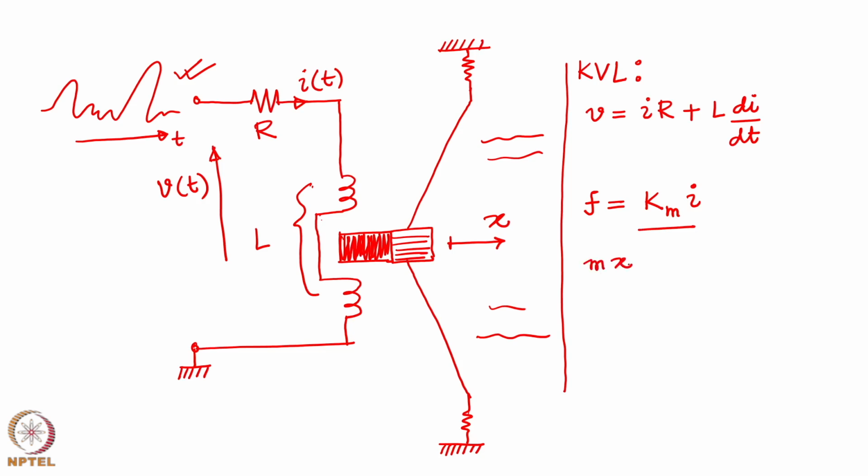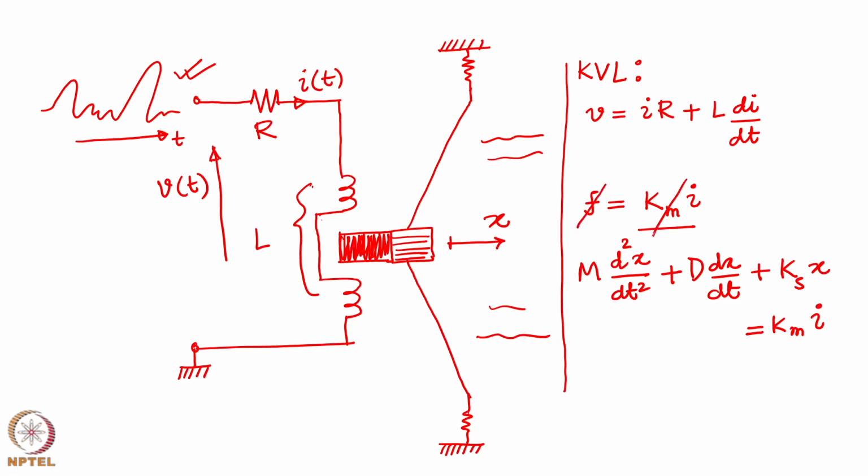Once again, following Newton's law, it follows that the mechanical part of this circuit satisfies the equation: m d²x/dt², plus some friction term, assuming it's viscous friction, directly proportional to the velocity, plus some spring constant Ks times x, that ought to be equal to the force, which is Km times I. I'm directly writing this equation so that I don't need this variable F anymore.